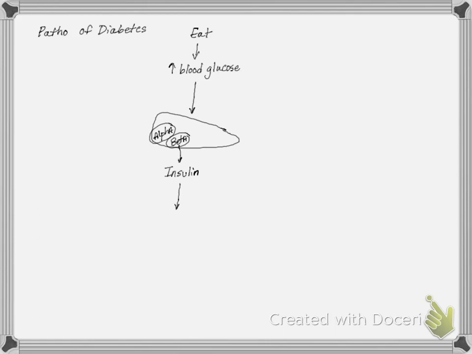What this insulin does, insulin is going to open up the receptors, which is then going to allow for glucose to go inside the cell.